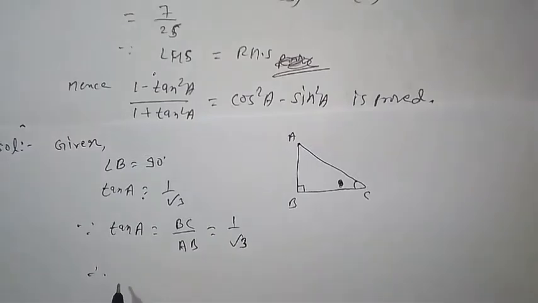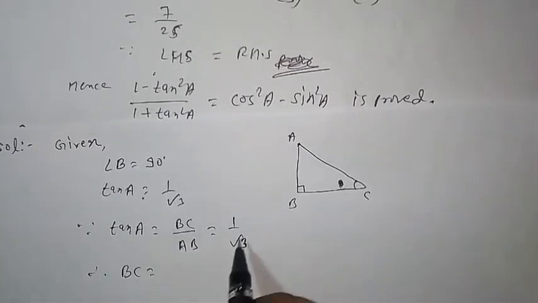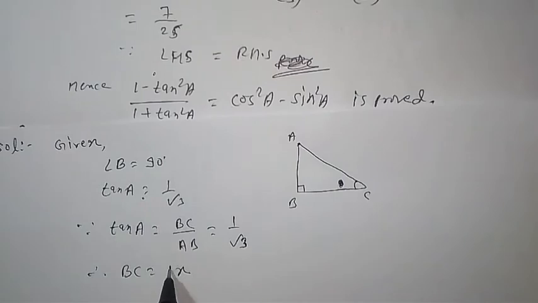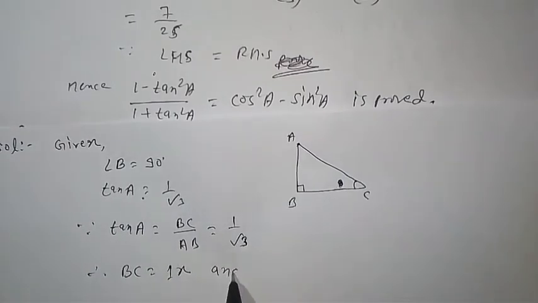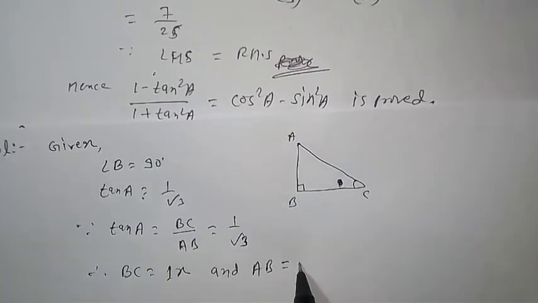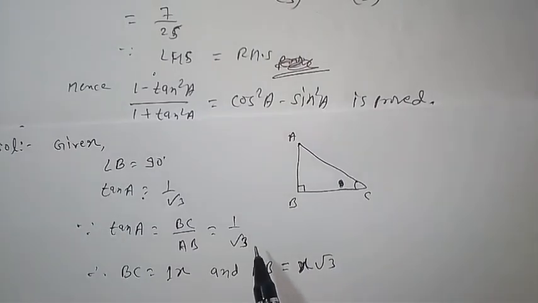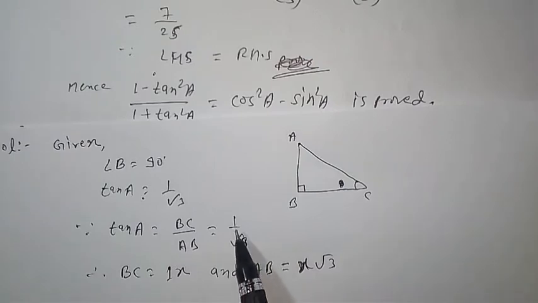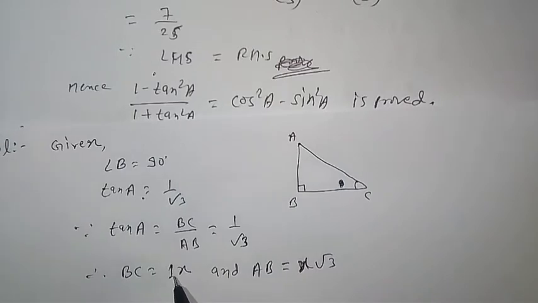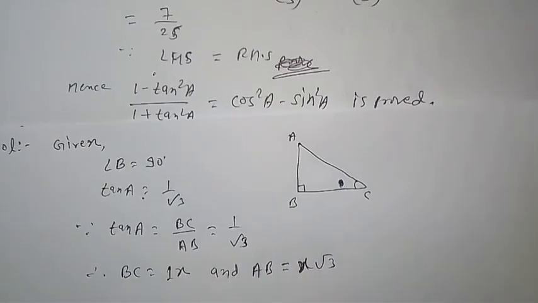Therefore BC is equal to 1x and AB is equal to x root 3. Because 1 by root 3 is in simplest form, I don't know which number is in the place of numerator and which is in the place of denominator, so I multiply by x in both numerator and denominator.